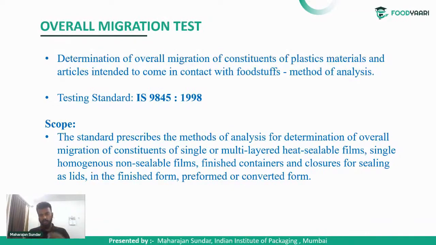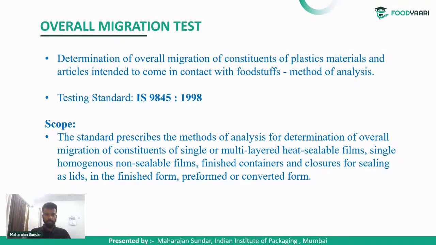It has a certain procedure, which we will discuss in the further slides. It is according to IS standard 9845:1998. This standard prescribes the methods of analysis for determination of overall migration constituents of single or multi-layered heat-sealable films, single homogeneous non-sealable films, finished containers and closures for sealing such as lids, in the form of preform or converted form.